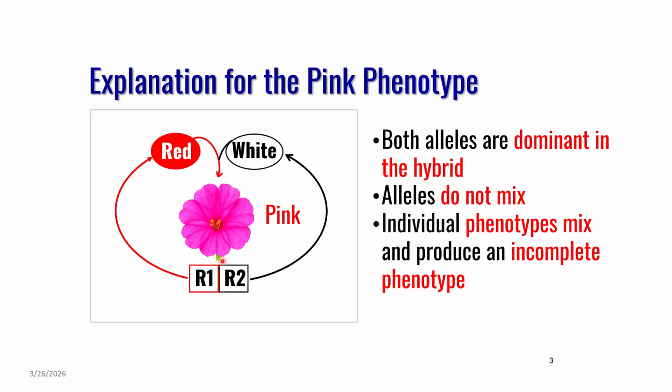So in monohybrid, both alleles are dominant, that is why they are shown in capital letters. However, alleles do not mix or blend, they retain their identity and they segregate in F2 generation. We have seen that. However, the individual phenotypes mix and produce an incomplete phenotype, giving pink color or intermediate color.